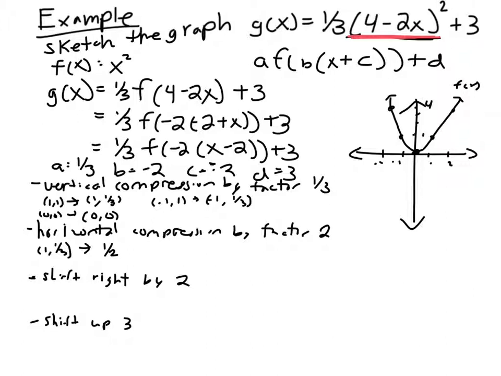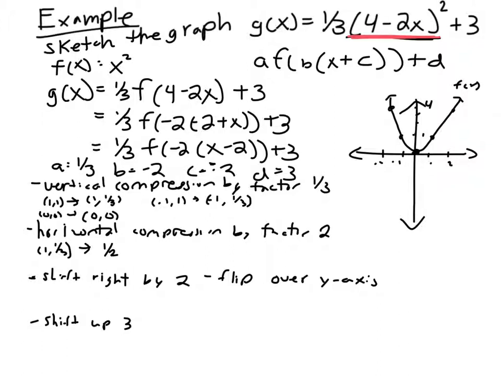Oh, I just noticed that we forgot one of our transformations here. There should have been a flip, right? Because b is negative. Remember, when b is negative, you reflect over the y-axis. So flip over the y-axis.